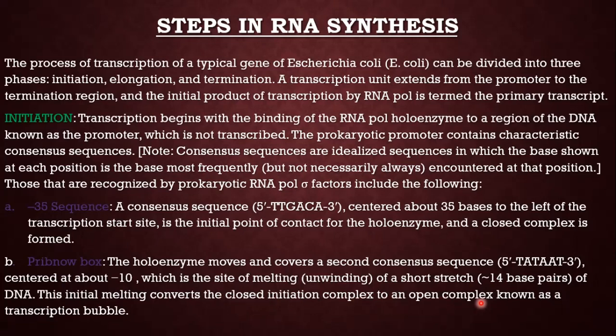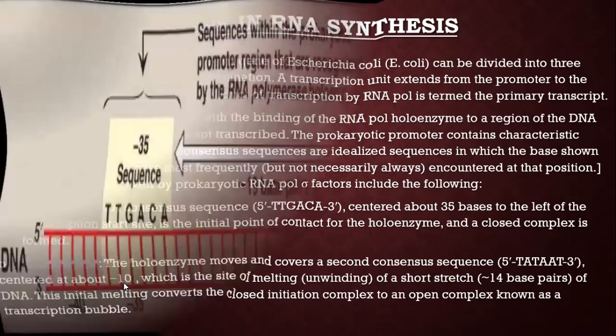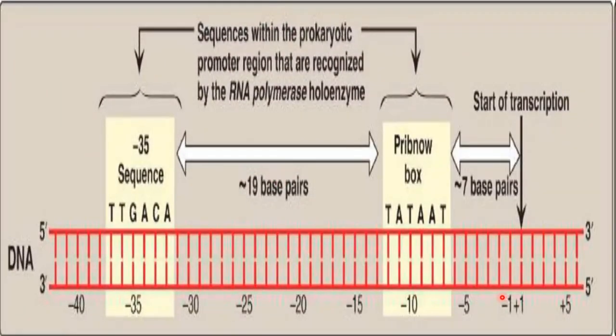Okay, so you can see when it was at the -35 sequence, there was a closed complex, but once it reaches the Pribnow box, an open complex is formed, and that open complex is now known as the transcription bubble. This is what I mean. You can see here, this is the transcription start site. Now, all bases located to the left of the transcription start site, or upstream, are denoted with negatives.